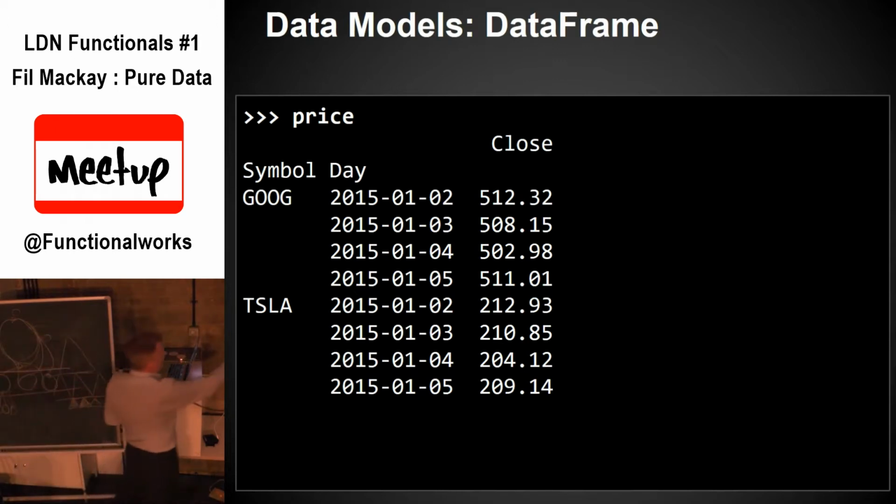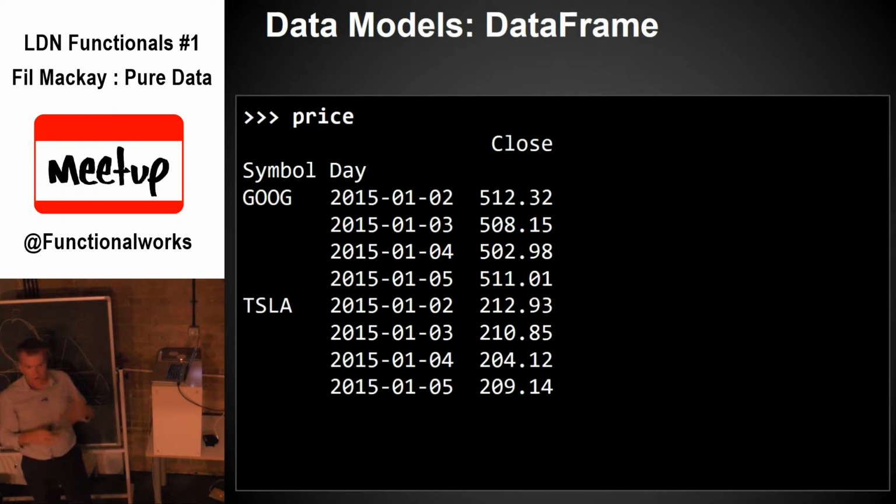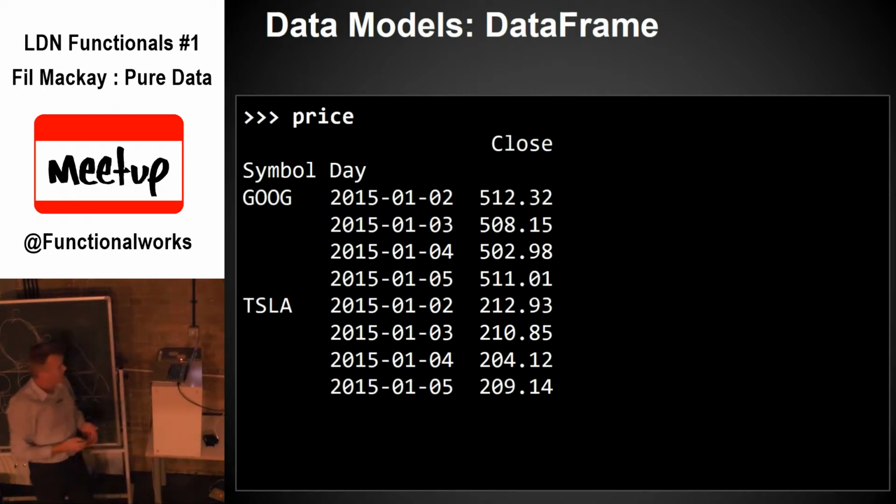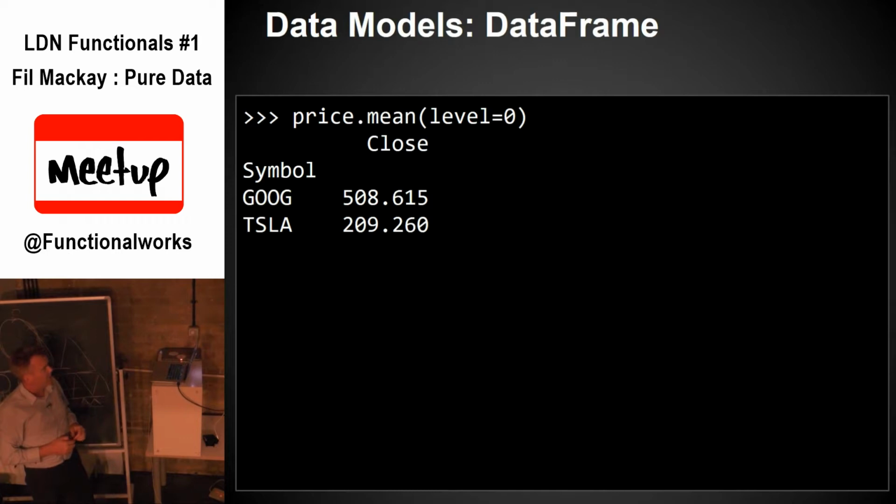Pandas distinguishes between the index and particular columns, but you can see that there is a recognition here of a kind of hierarchy, a kind of nesting, in that all these days are nested underneath Google, and these days are nested underneath Tesla. Now, under the covers, the implementation of this is not all that crash hot. I think it's actually a little bit inefficient, but I think the representation is at least useful.